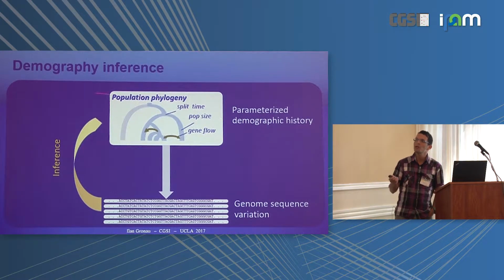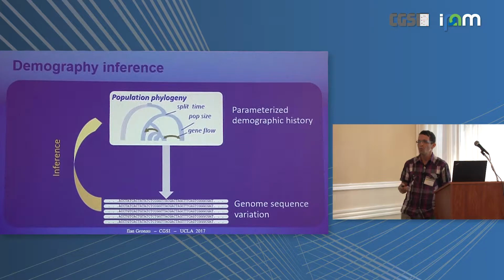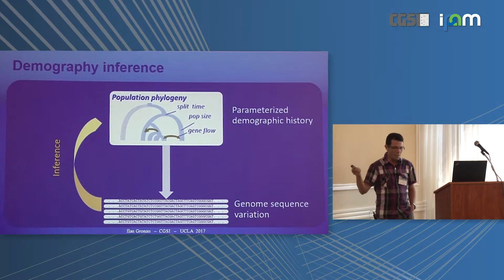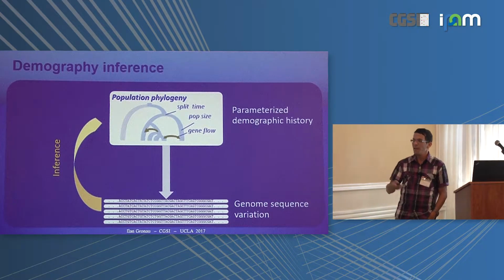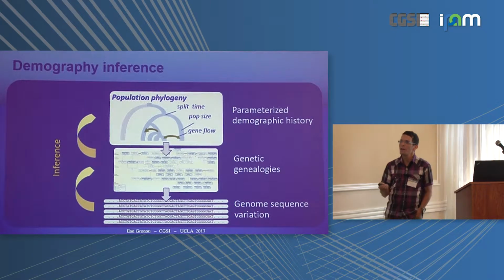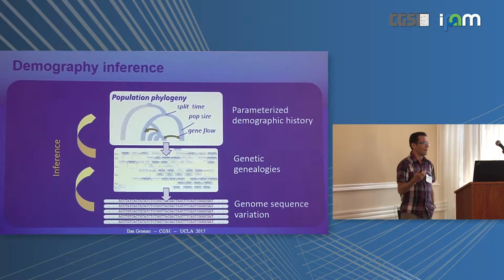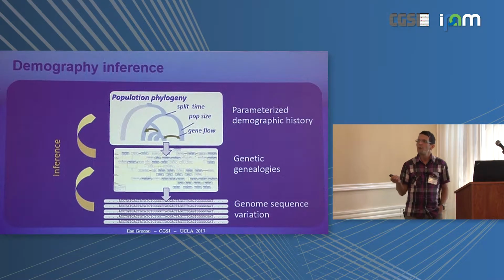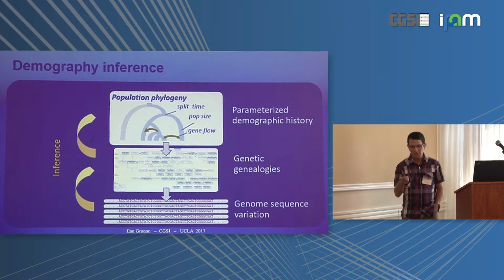This is what I'm going to try to learn from my genomic data. This field has advanced in many different directions, and the particular angle that we're going to take, which is very useful in these Bayesian methods, is to think about the genetic genealogy in the middle.